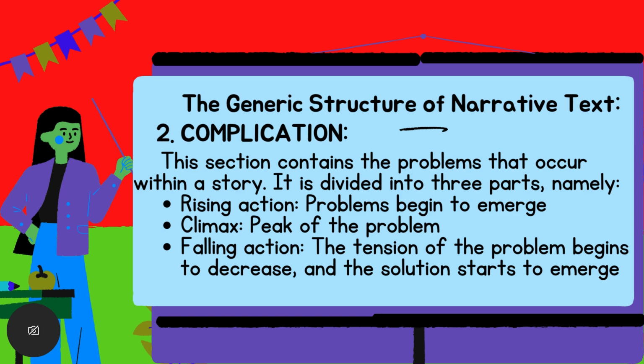The first is rising action, where a problem begins to emerge. The second is climax. Climax is the peak of the problems. And the last one is falling action. Falling action is when the tension of the problems begins to decrease and the solutions start to emerge.